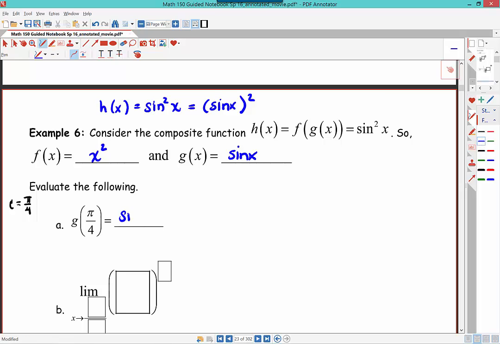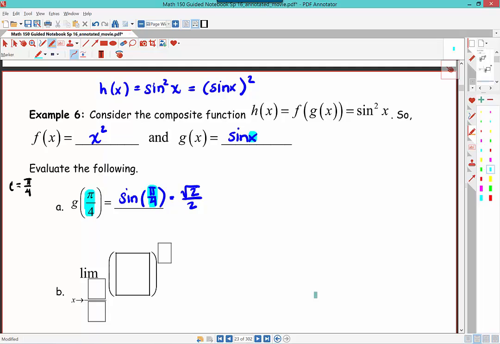Good. It's the sine function evaluated at pi over 4, which is, good, root 2 over 2, or 1 over root 2 if you don't rationalize. So we just plugged in pi over 4 wherever we saw an x, and that's what we got out.